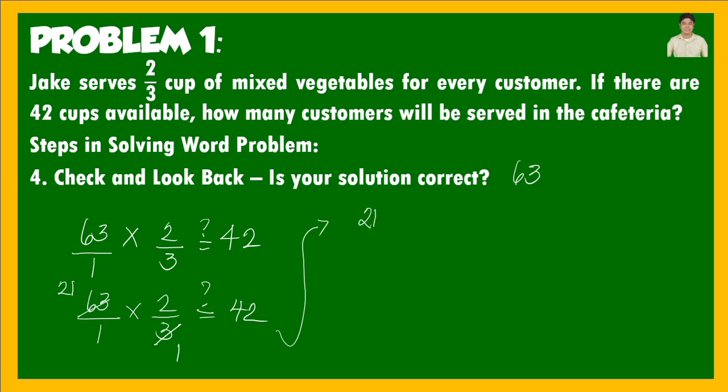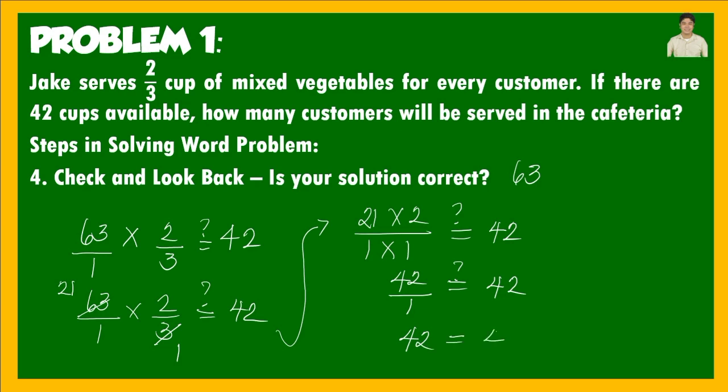So, 21 times 2 over 1 times 1. Ayan. So, 21 times 2, that is 42. Over 1 times 1, 1. Ayan. So, 42 over 1, this is 42. Equals 42. So, therefore, our answer 63 is correct. So, there are 63 customers that will be served in the cafeteria.